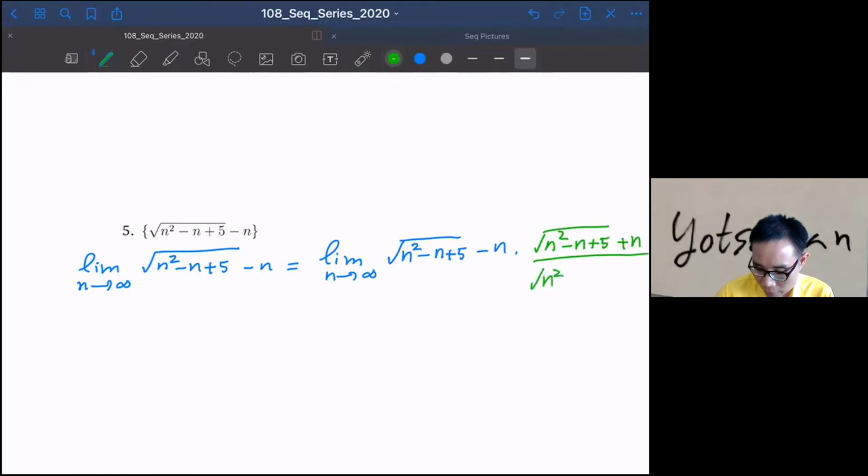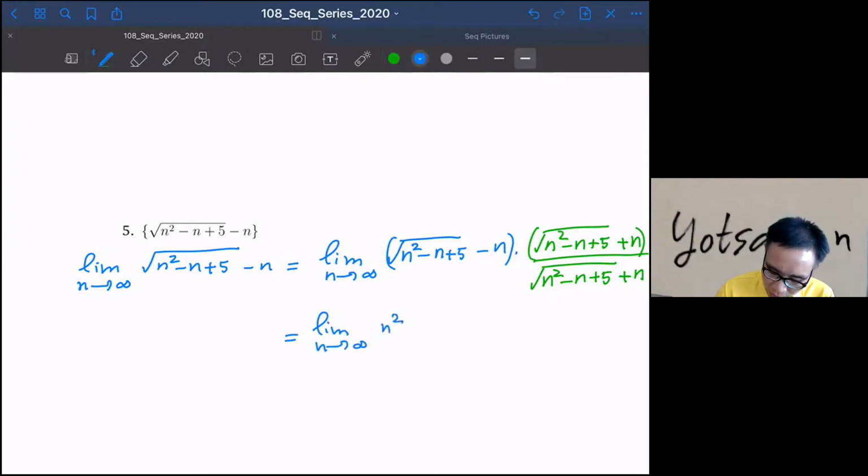You can multiply these two together to get the difference of squares, and this becomes the limit as n goes to infinity of n squared minus n plus 5 minus n squared, over the green one.